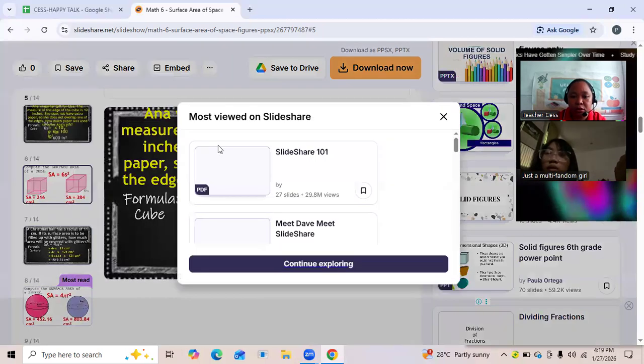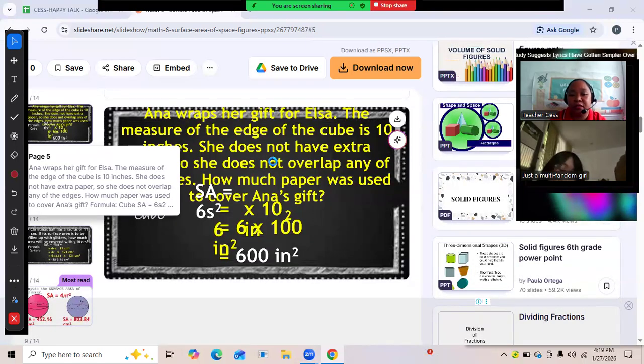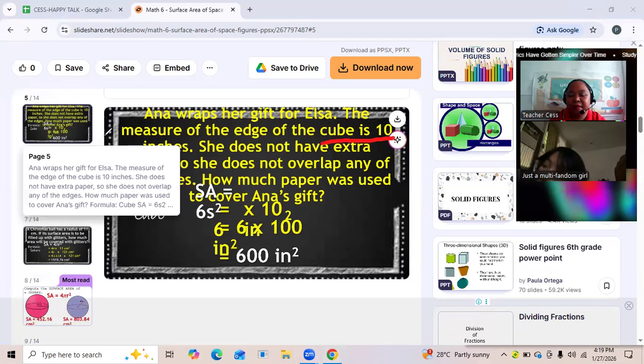So if it is a cube with a 10 inch measurement, what will be the total surface area? Do you hear me? If a cube has 10 inch sides, what will be the total surface area?